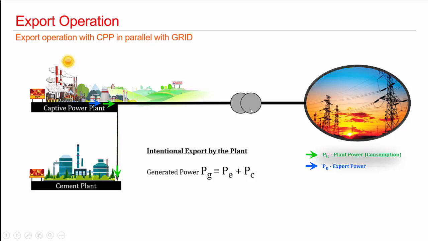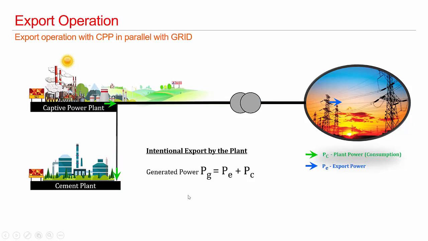For example, maybe 10 megawatt or 100 megawatt will be exported to the grid based on the capacity and the agreement with the utility. I have mentioned this as an intentional export by the plant because the plant decides to export power based on the agreement with the utility. So this is to be noted.